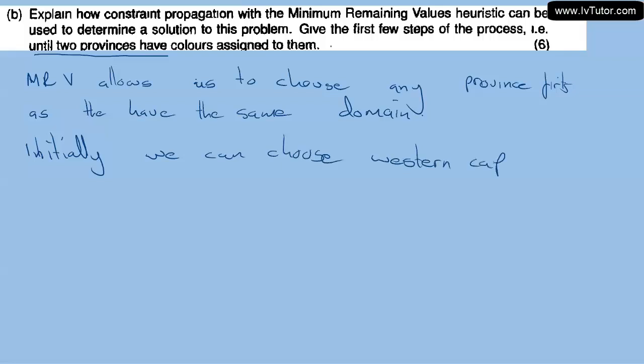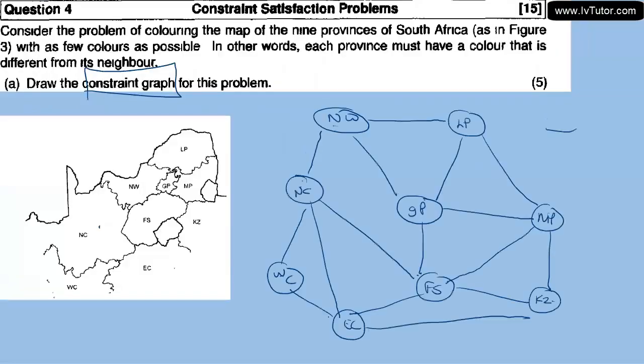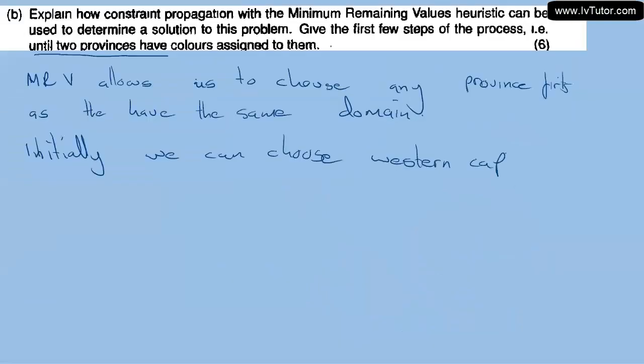Western Cape. Right? So if we choose Western Cape, what's going to happen? If we choose Western Cape and assign it a color, let's assign it red.